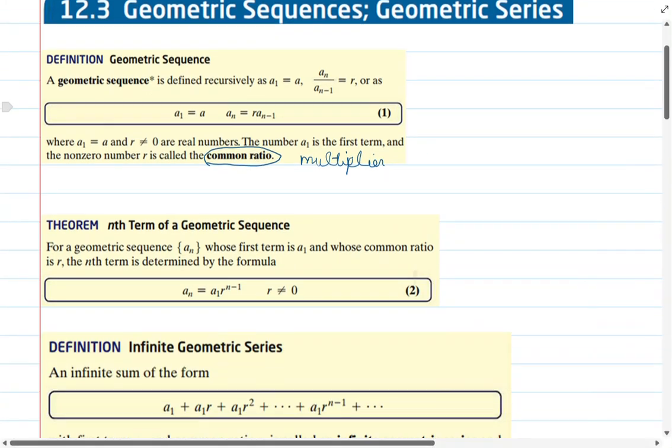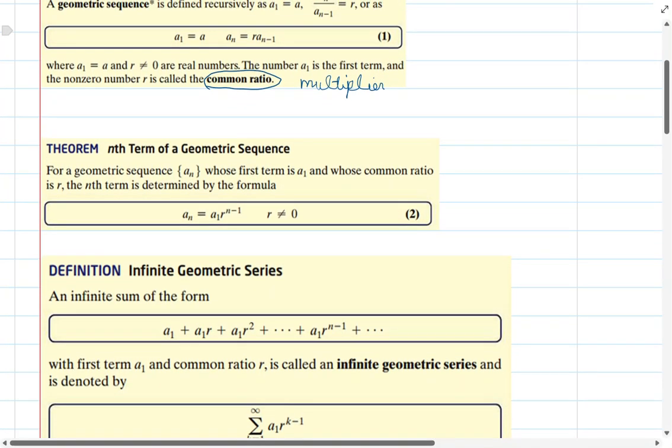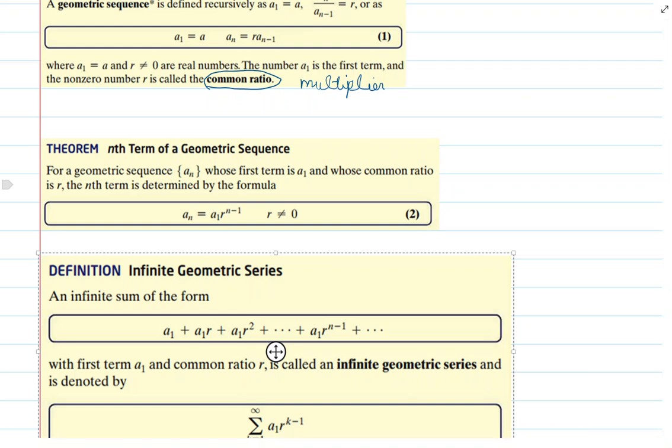So our theorem comes off of this. Notice that we have a sub n equal to a sub 1 times r to the n minus 1, where the common ratio is growing or decreasing, whatever the nature may be.